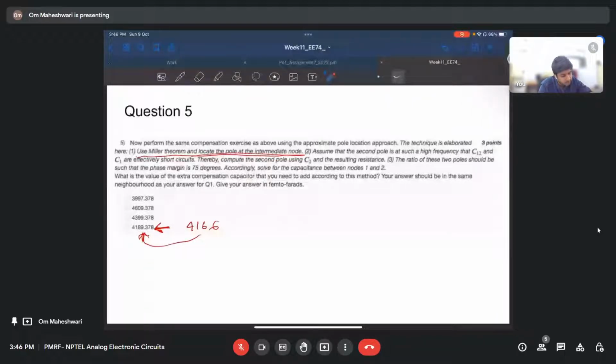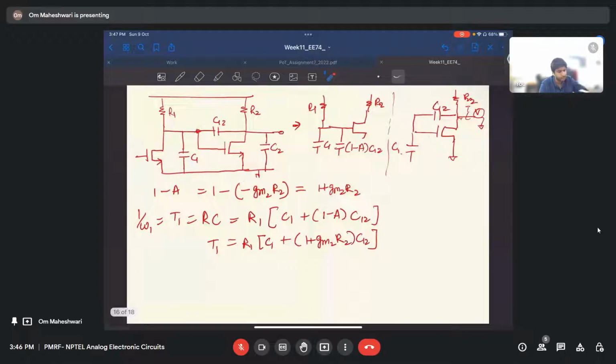For the second, they are saying to assume that the second pole is such that at high frequency C12 and C1 are effectively short circuits, and compute the second pole using C2 and the resulting resistance. Fine, let us solve.